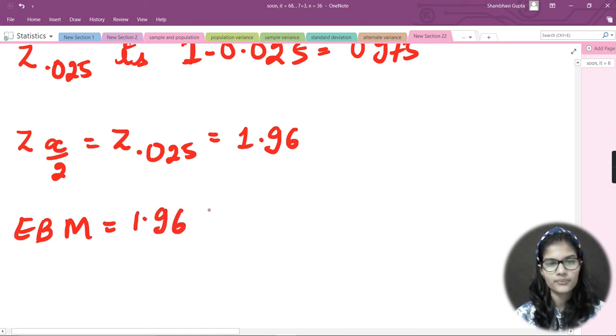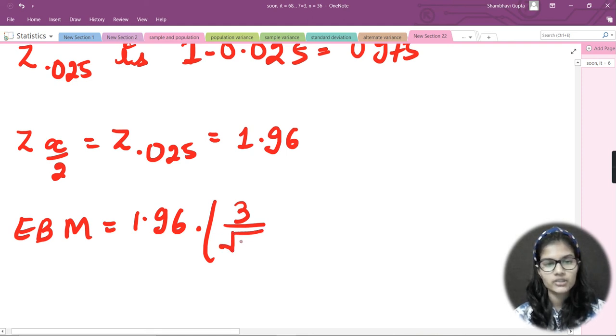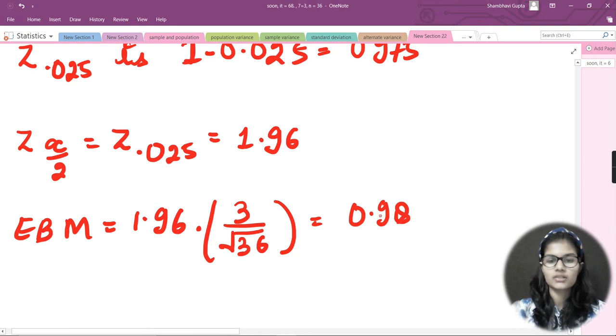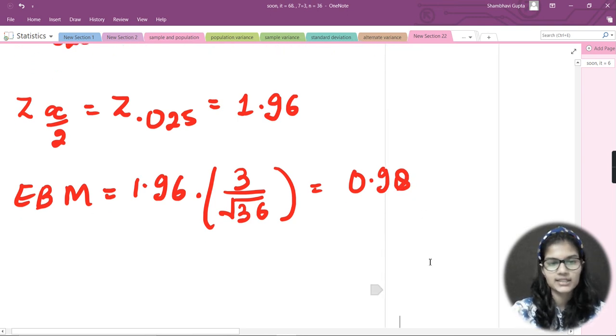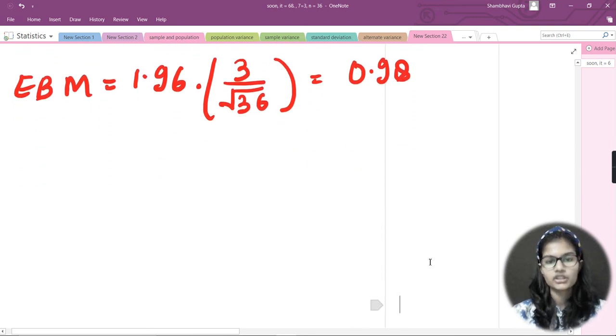I would keep it here, and multiply it by sigma, right? Above we write the sigma, and in the denominator we write the square root of the sample size, that is root 36. After calculating it, you will get the final answer as 0.98. Okay, this is the step when you solve it. You will get the final answer as 0.98.